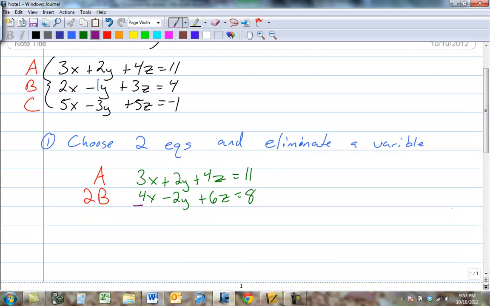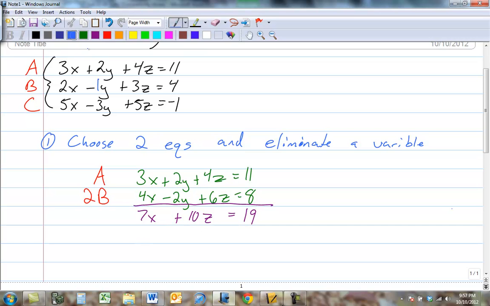So, when I add these up, I'm going to get 7x, the y's cancel, + 10z = 19. All right, so while we eliminated a variable, we still have two variables and only one equation. So we can't solve this further yet.